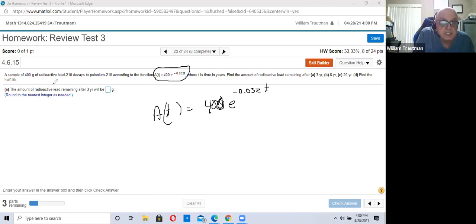And it says a sample of 400 grams, there it is, using this function where t is in years, find the amount of radioactive lead remaining. This is the amount of radioactive lead remaining after 3 years.